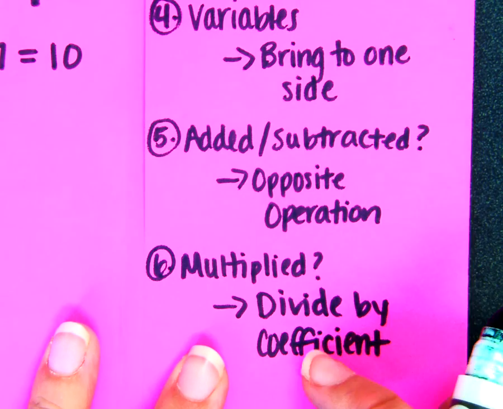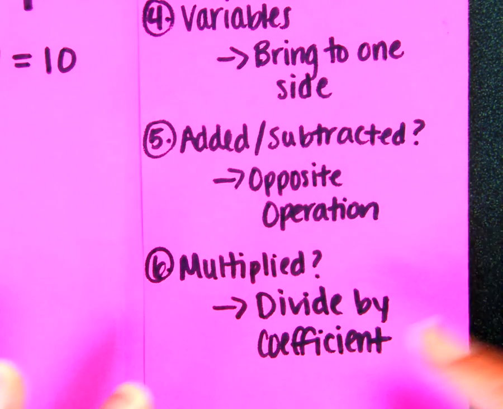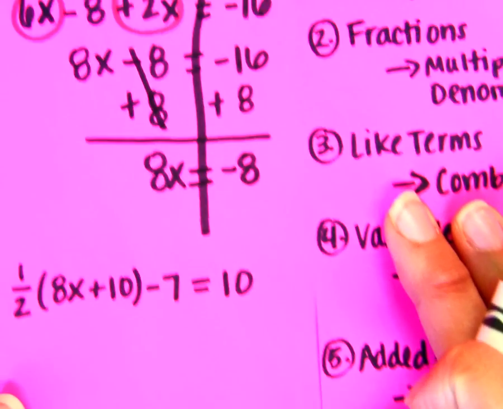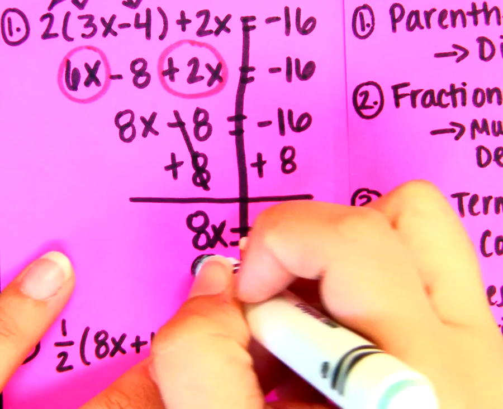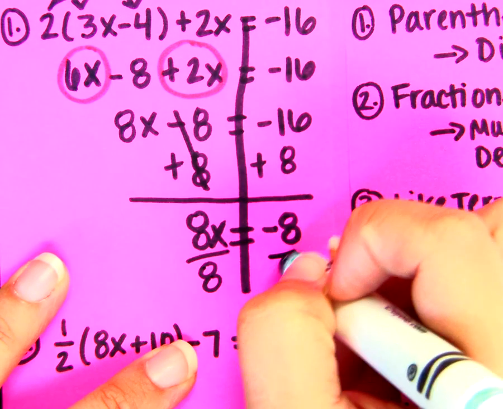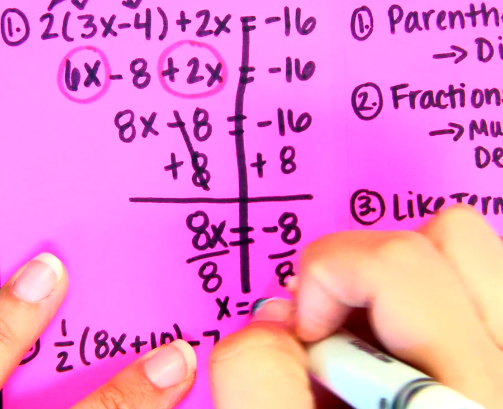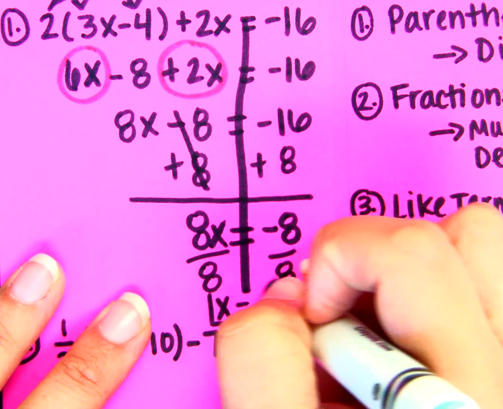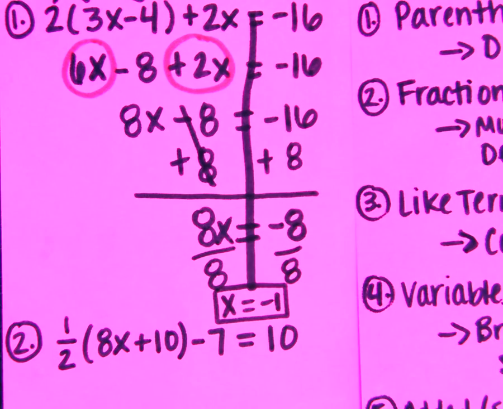Then your last is to multiply. Is there something being multiplied? If yes, then you divide by the coefficient. So you divide by 8. x equals negative 1. That is your answer.